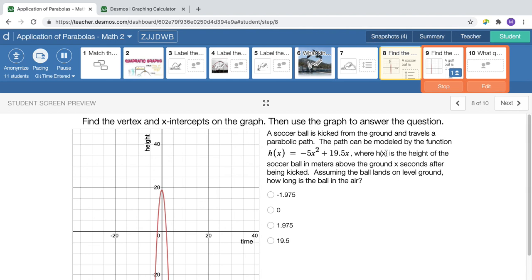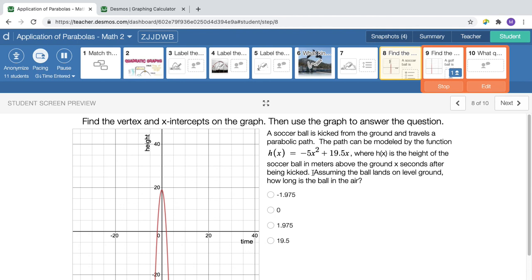So h of x is the height. Height is normally y, so I can just replace this h of x with a y, and that represents my y-axis. And then it tells me x seconds after being kicked, so I know that x represents my time in seconds.